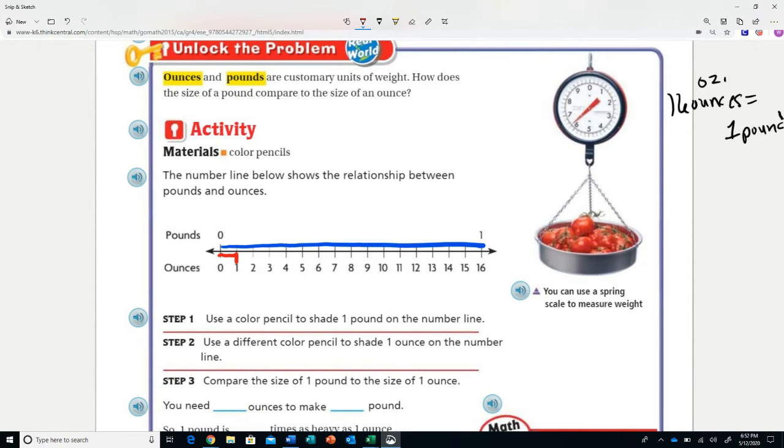I was talking to a couple groups today saying that if you've ever had a new baby in your house, everybody asks how much did the baby weigh when it was born, and you always give it in pounds and ounces. 7 pounds, 2 ounces, 8 pounds, 5 ounces. And that would be this exact unit of measure here.